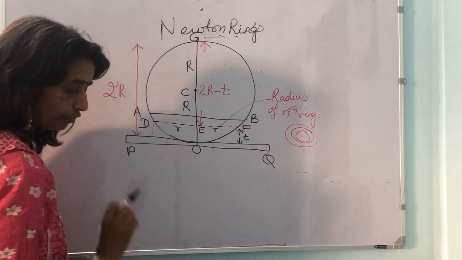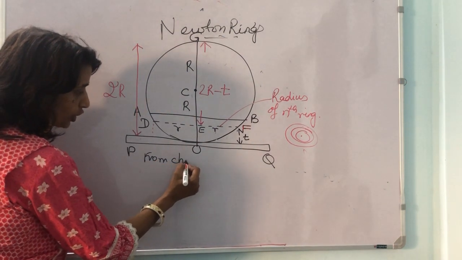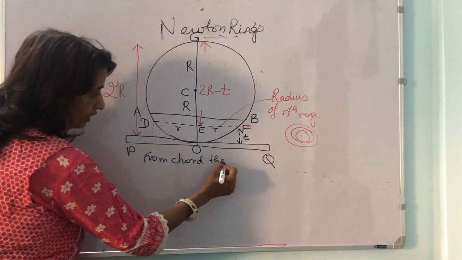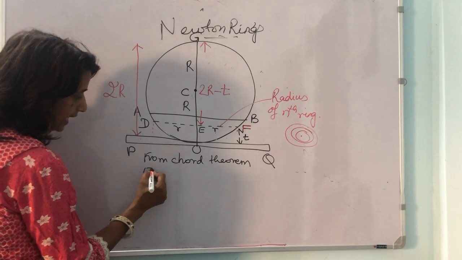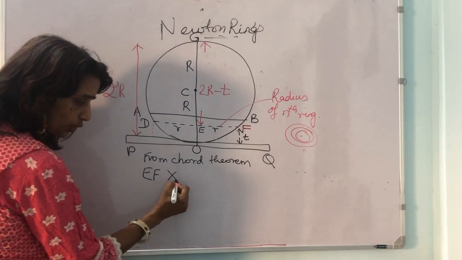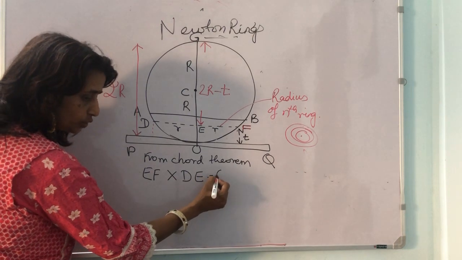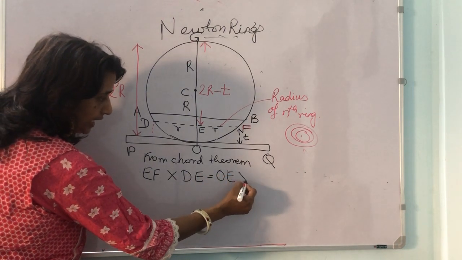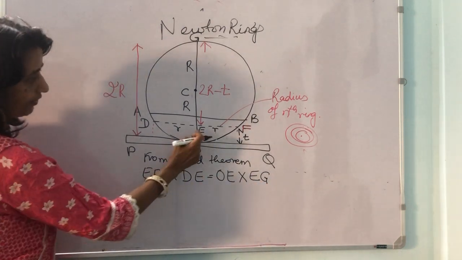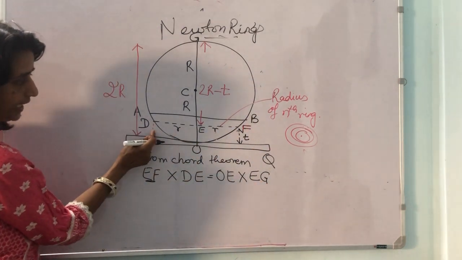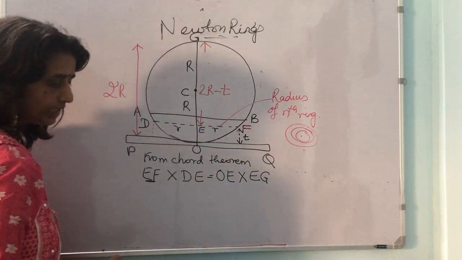From the chord theorem of a circle, EF into DE is equal to OE into EG.